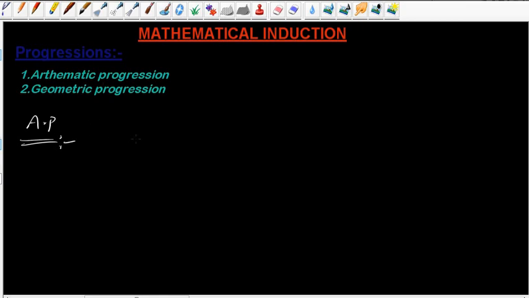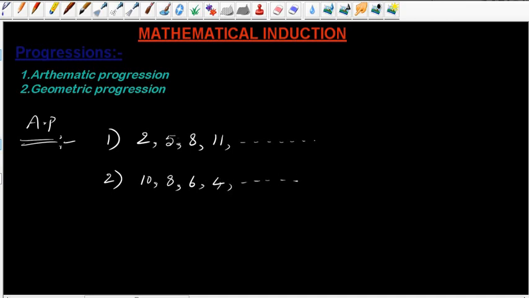Consider one example: 2, 5, 8, 11 and so on. This is one progression. The second one is 10, 8, 6, 4 and so on. Observe the first sequence.